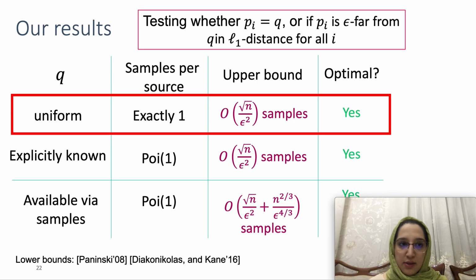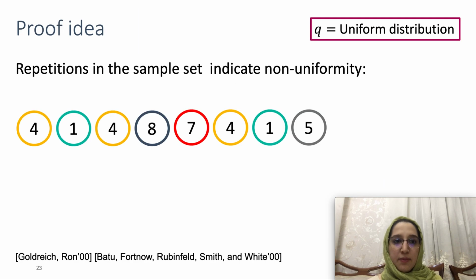So for the rest of the talk, I will explain a few high-level ideas of the proof for the uniform case. So suppose Q is a uniform distribution. Even in the standard model, the way that we solve uniformity testing is by looking at the repetition in the sample set.